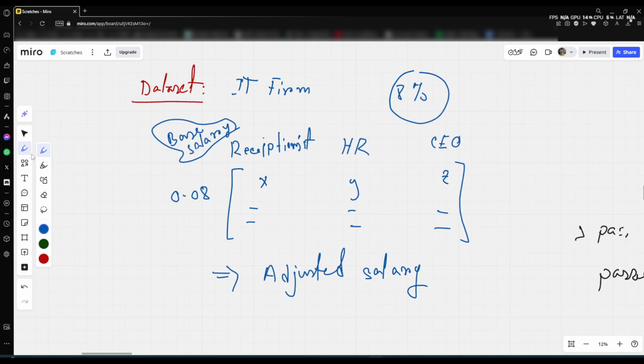And finally, we have the matrix multiplication, which involves the dot product of rows of the first matrix with columns of the second. Okay, let me write it for you.